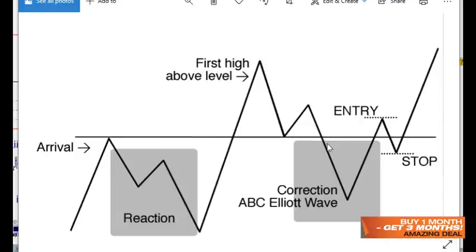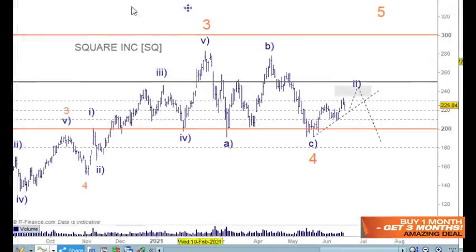But otherwise, if it fails here, then we'll pick it up on 220 as resistance here. I know that if this is going to move lower with the rest of the markets, then it's the 220 that we want as a retested resistance to short.